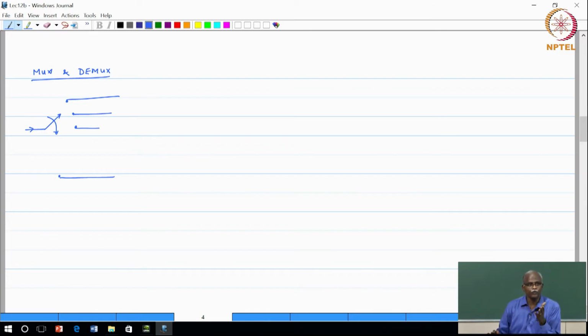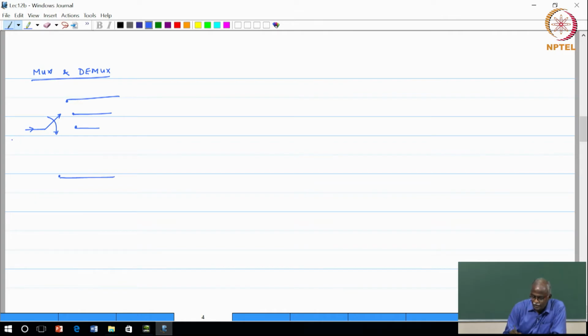Now, which of the building blocks gives us the higher rate to lower rate conversion? It is the downsampler. So, is the downsampler in some way, maybe not an obvious way, equivalent to a demultiplexer?